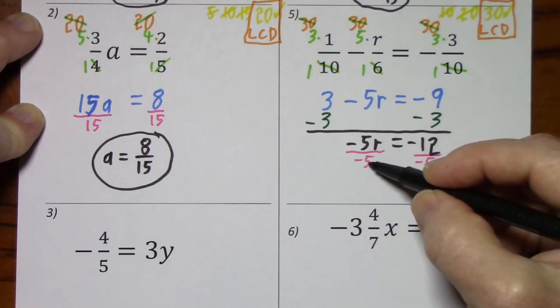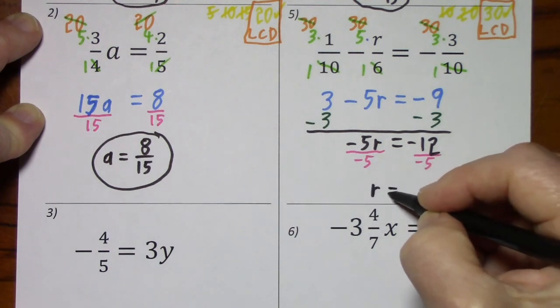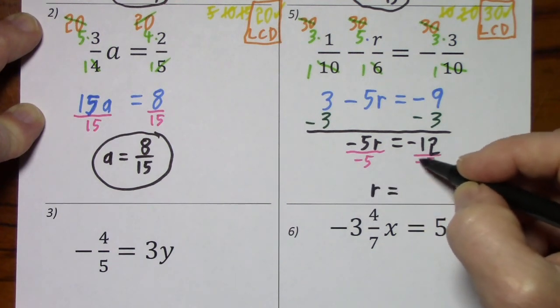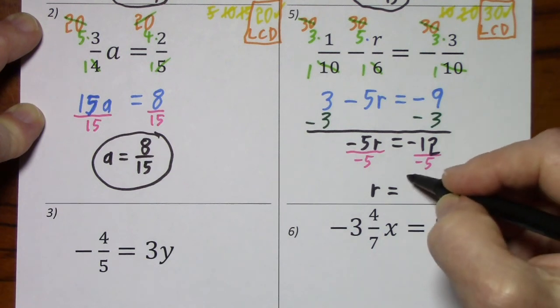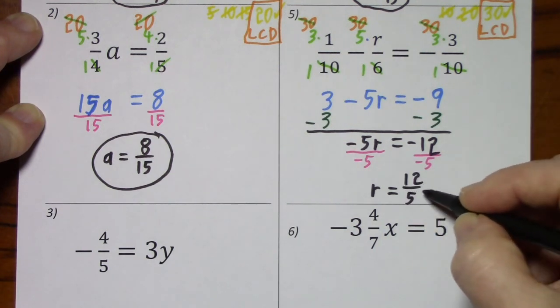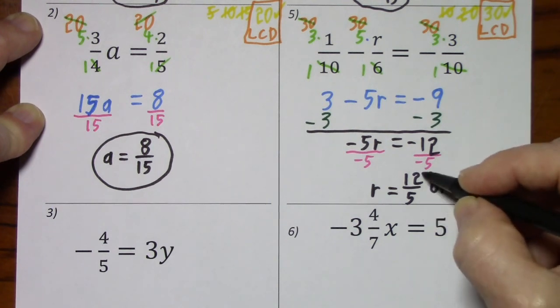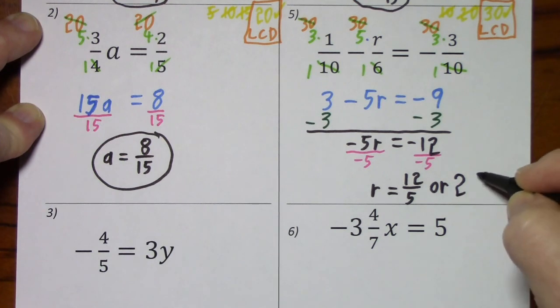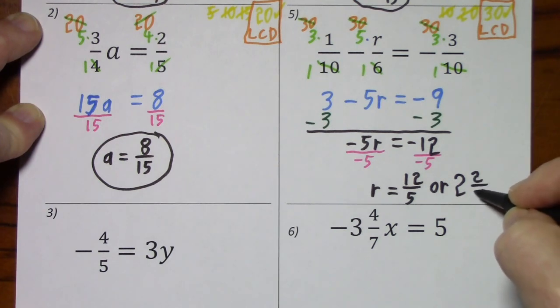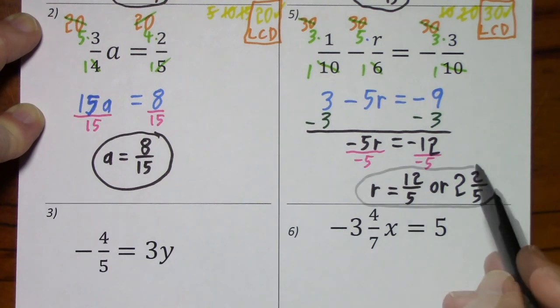Negative 5 divided by negative 5 is a positive 1, so we have r is equal to, and negative divided by negative is positive, so we have 12/5. This is simplified, but we can also write it as a mixed number. It goes in twice with 2 left over, and you keep your denominator. Either answer is acceptable.